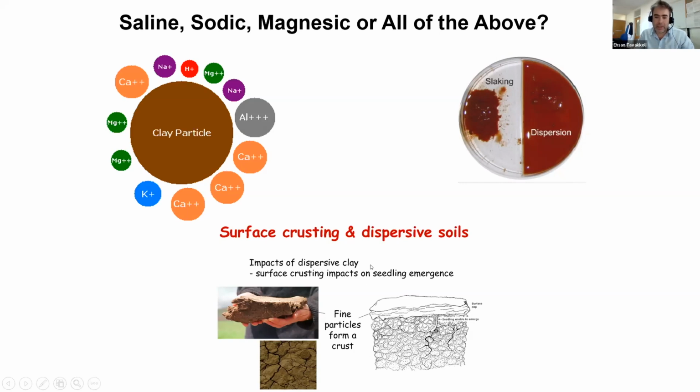These are tiny, tiny colloidal particles. At the landscape scale, if you have many hectares of this sodic soil, what happens is that as the soil dries out after the dispersion happens, those fine particles can sit like a cement. That's where you get surface crusting or blockage of the soil pores.